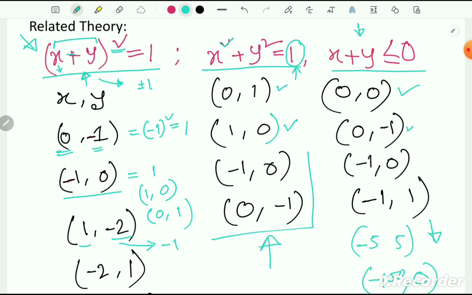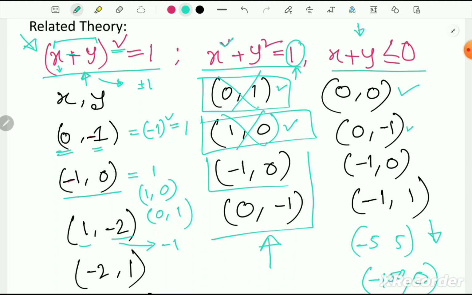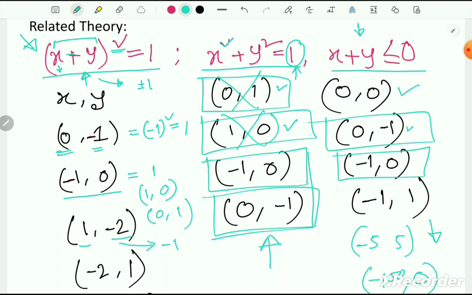So let's check whether the others also satisfy this. (0, 1), we can consider this one first. (0, 1) doesn't satisfy equation 3, therefore it cannot be the answer. (1, 0), same way, it cannot be the answer. Only (−1, 0) and (0, −1) we can find for all three equations.